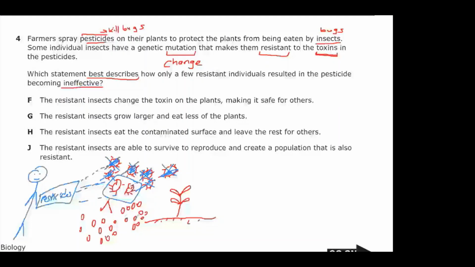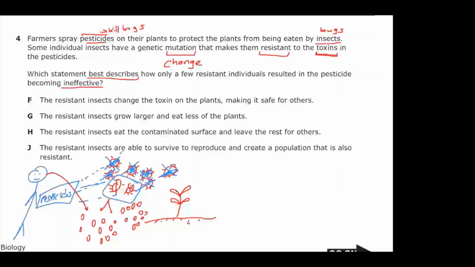Since these parents have DNA that's resistant to certain pesticides, they will inherit their genes to their baby bugs, and some of them will become resistant, powerful against the pesticides. Even if this farmer applies the same pesticides to those bugs, it's not going to work because they have the genetic information, or DNA, that's resistant to the toxins.